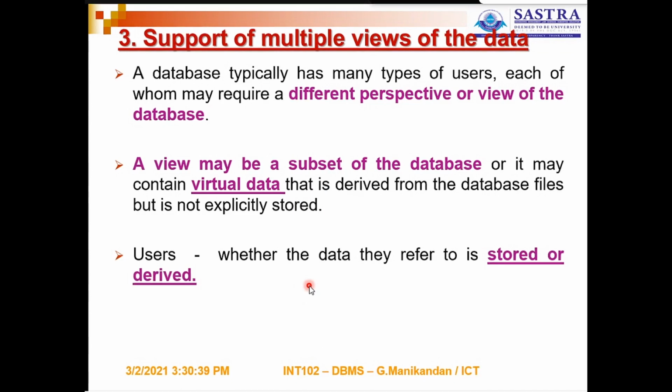There is no need to explicitly store the age. If I know the date of birth and the current date, I can simply subtract and compute the age. So date of birth is an example of stored data and age is an example of derived data. This information is not known to the end user.